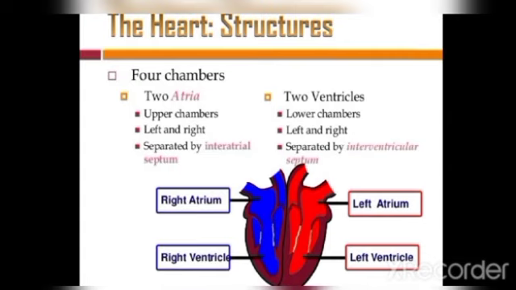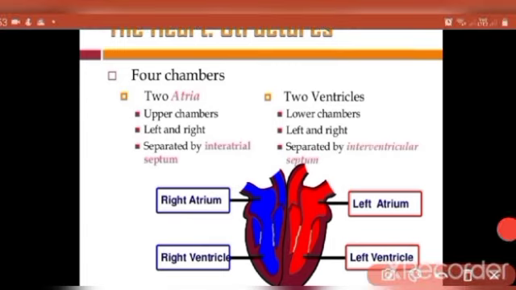Now, the septum which is present between the 2 atria, that is here, is called the interatrial septum, and the septum which is present between the ventricles is known as the interventricular septum.